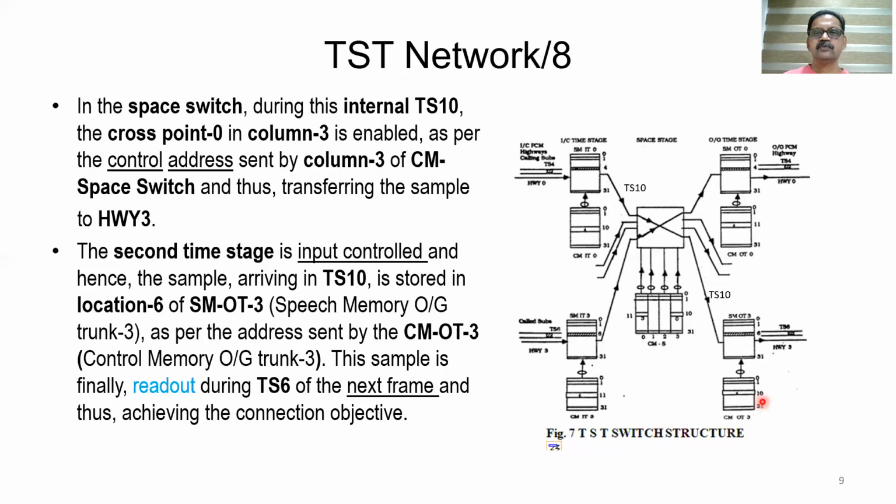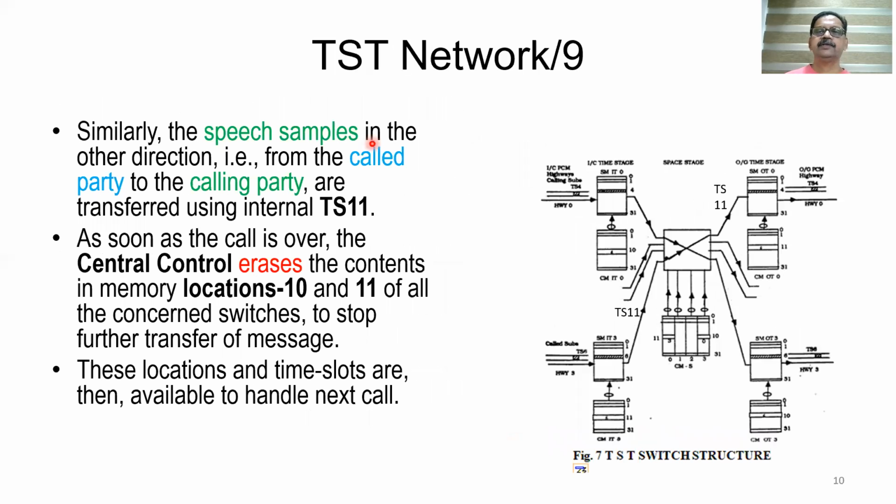So this is how the incoming speech from the calling party is transferred through the time switch and space switch and the output time switch to TS6 highway 3. Further we will continue.